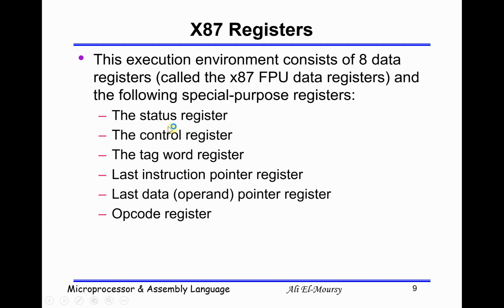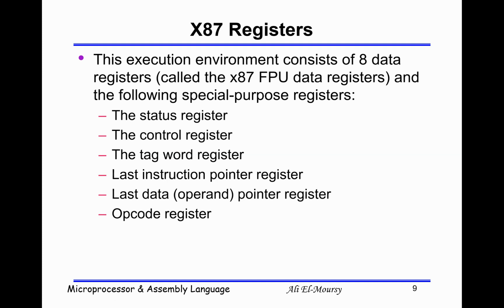The status register indicates whether the mathematical operation went successfully or not. So if you have any error or exception or something abnormal happening, you have to check the status register to see what's going on in the previous mathematical operation, similar to the status register of the x86.